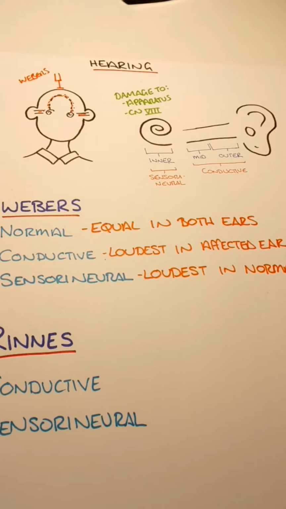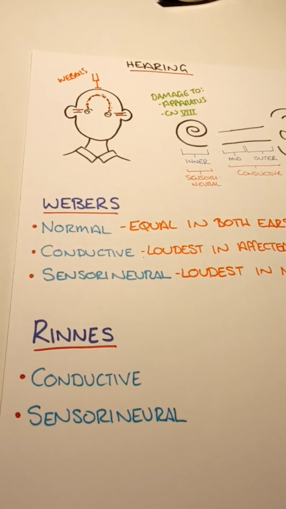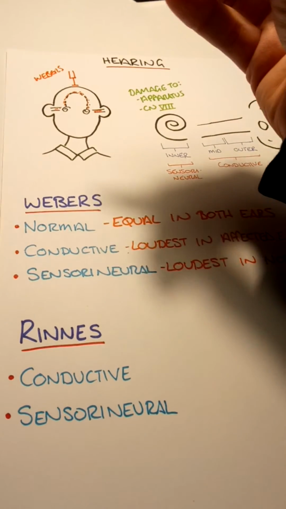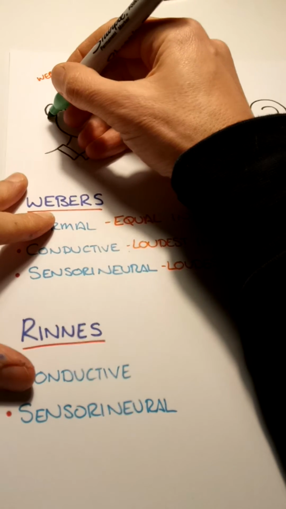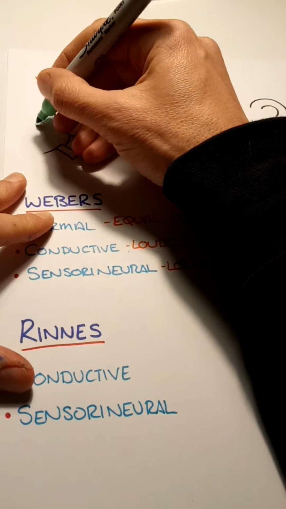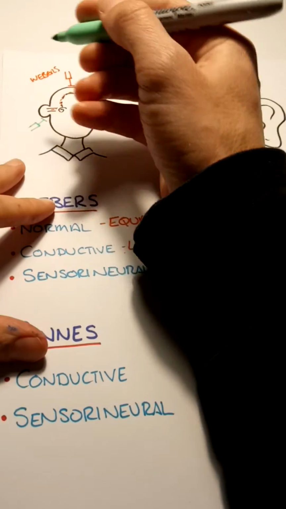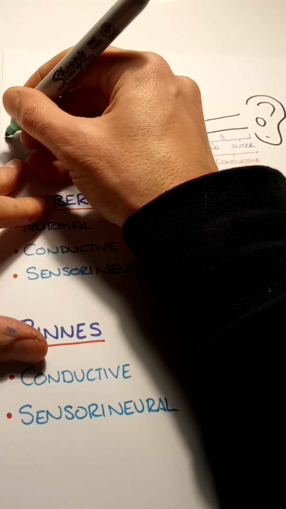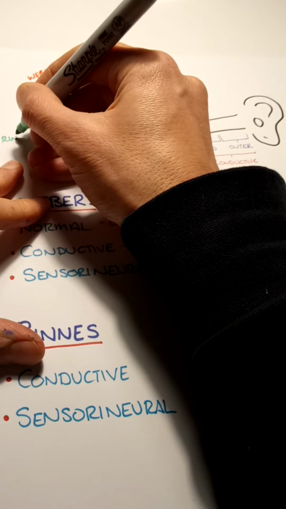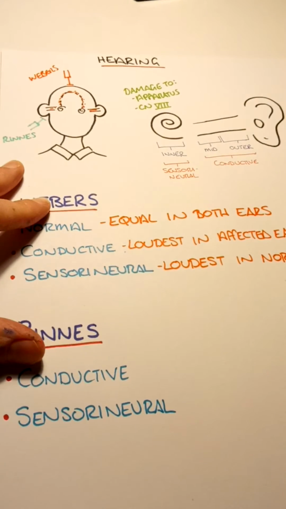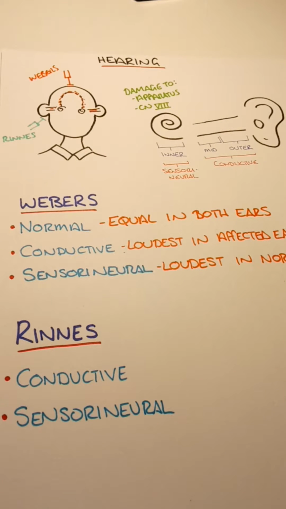And then we can do our Rinne's test. This is where you put the tuning fork on the mastoid process, wait until they can no longer hear that, turn it around and pop it next to the ear canal and see if they can hear that.